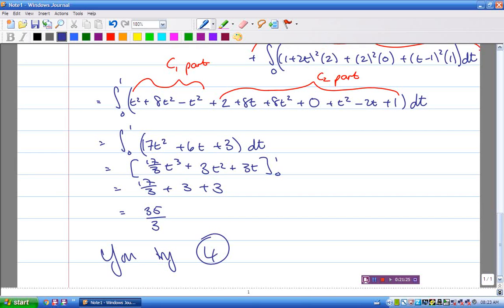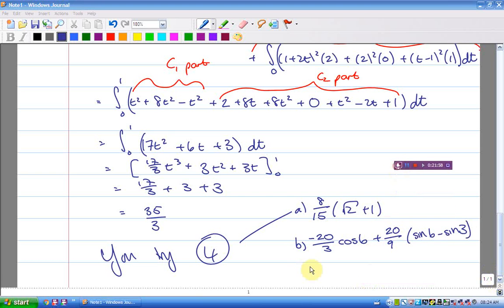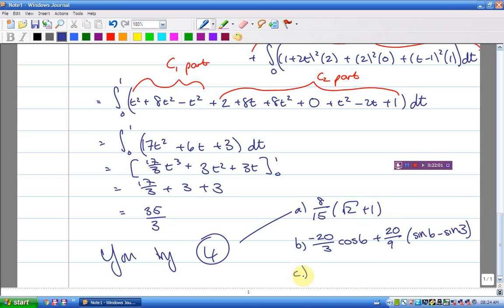Not the rest of the lecture, no. Okay, your answer for A. Answer for B. Ooh, the answer for B is really chunky. And the answer for C is what?